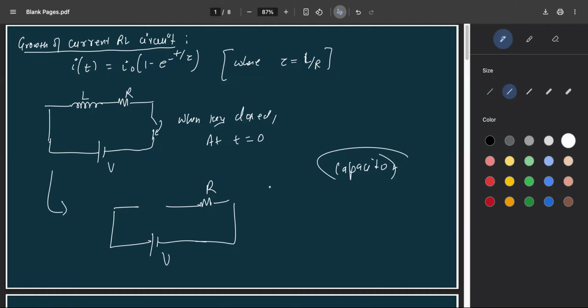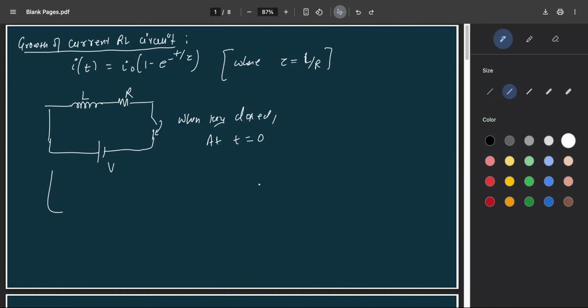Look at it now. Could you remember that in the case of a capacitor, let's say this is my capacitor and this is the resistance. When I give current, initially when it is not charged, it starts charging, and after a very long time, when it gets completely charged, the current stops, right?